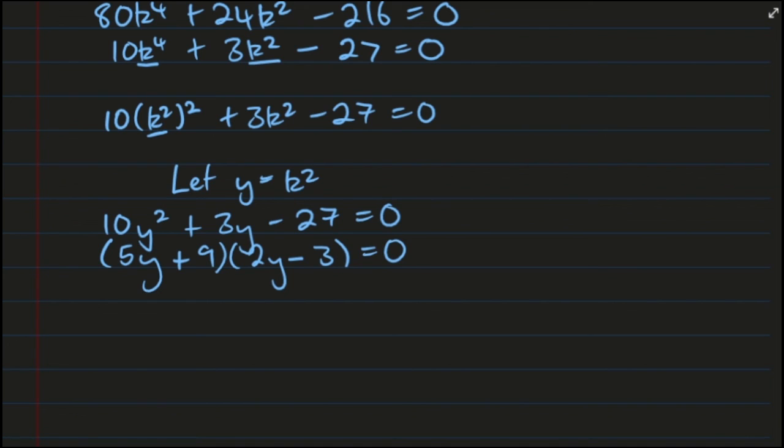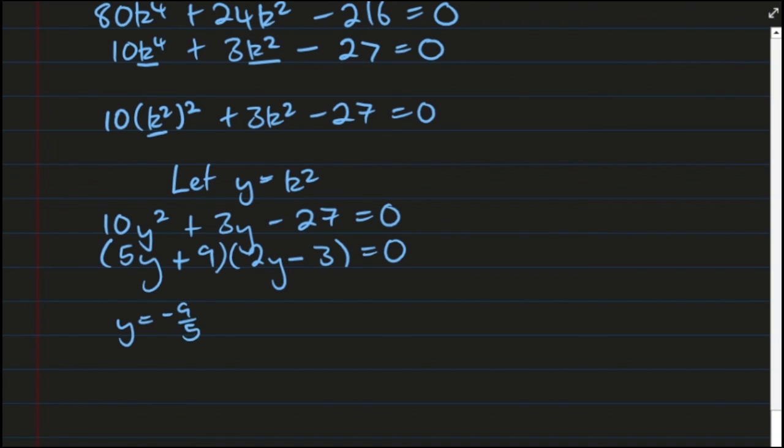So here we'll get y is equal to negative 9 over 5, and y is equal to 3 over 2.